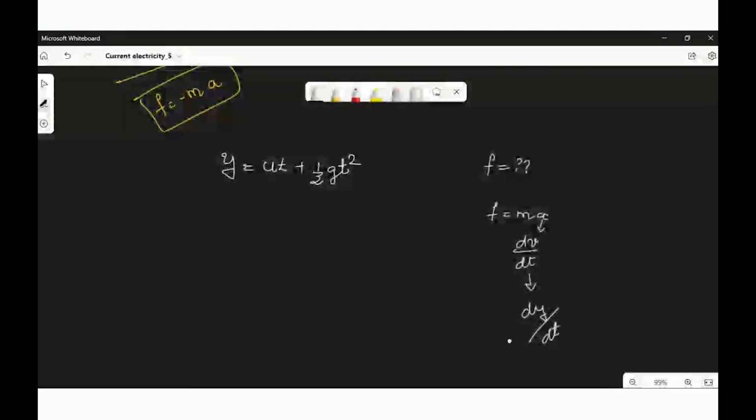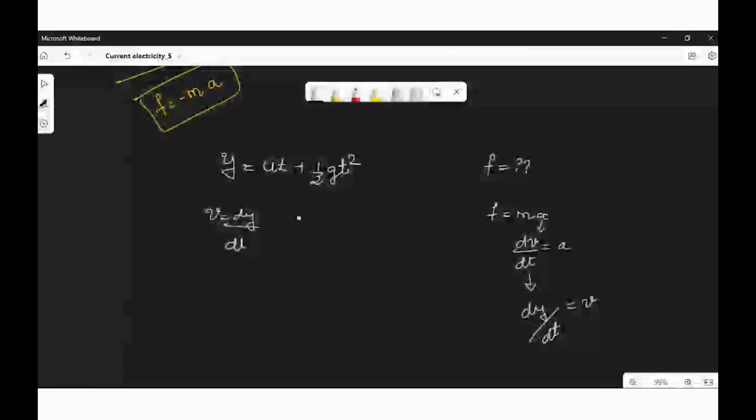One time differentiation will give you velocity, two time differentiation will give you acceleration. So first, shall we find out velocity, dy by dt?